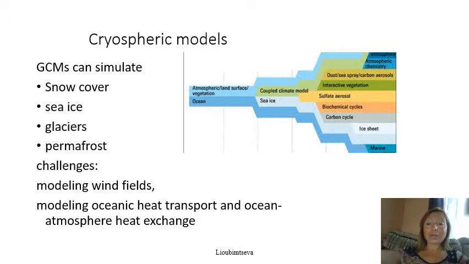They're moving historically from separate atmospheric models and ocean models to then combining both, and then combining them with ice models, and now also the biospheric models, the biogeochemical models. So we will talk about the biogeochemical models and biogeography models a little bit later in this class.